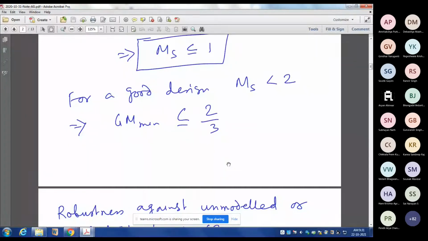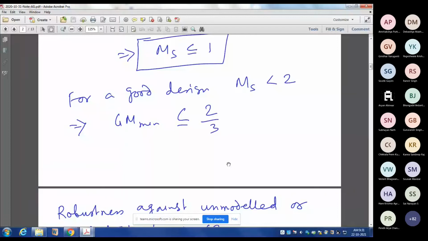Ms particularly handles robustness against parametric uncertainty well, because, as I said, Ms inverse is the minimum distance of the Nyquist plot from the -1 point. The more we can increase the distance, the better from a robustness point of view, and at least we want Ms less than 2, which we also saw.